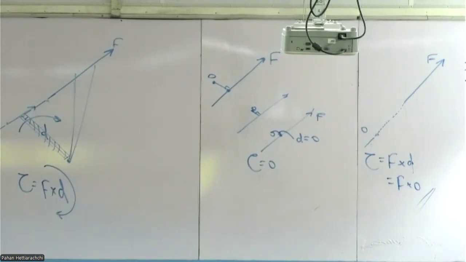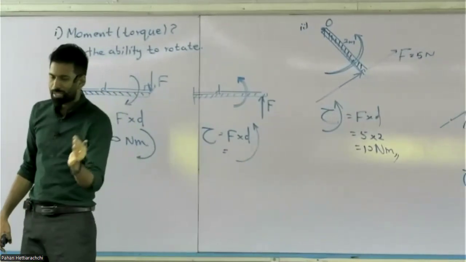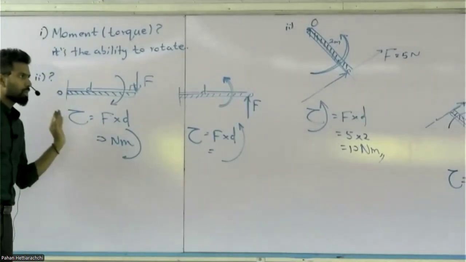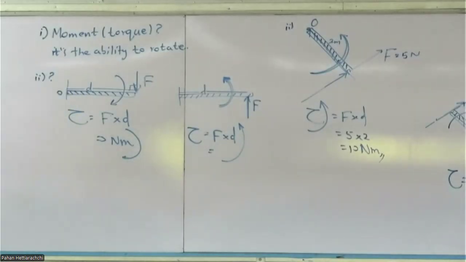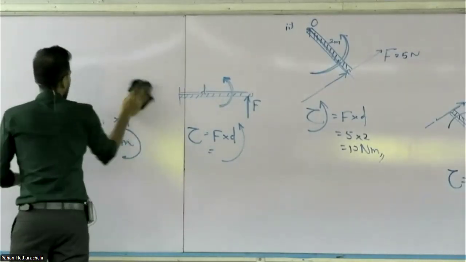Now write a small topic: direction of the moment. Now you know how to understand whether the moment is anti-clockwise or clockwise, but that's not the direction. There's a subtopic, direction of the moment, which is something else.